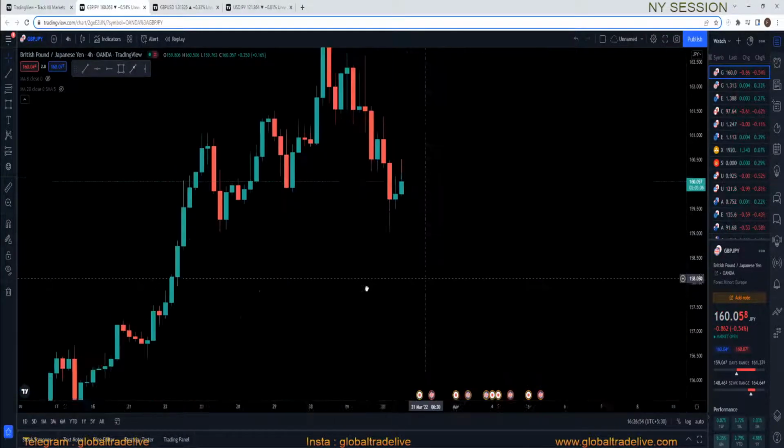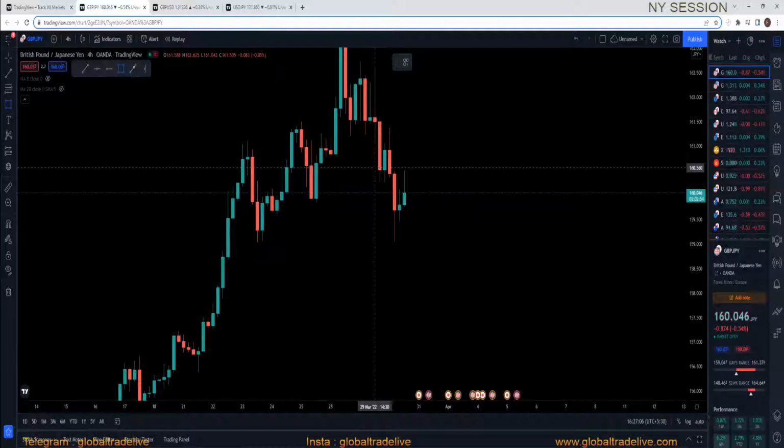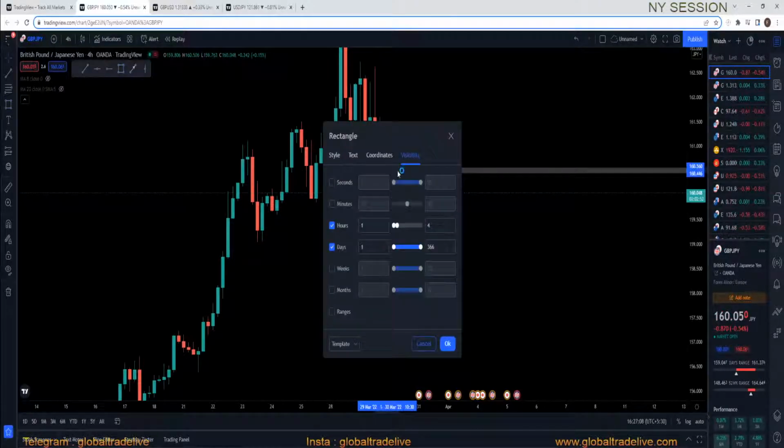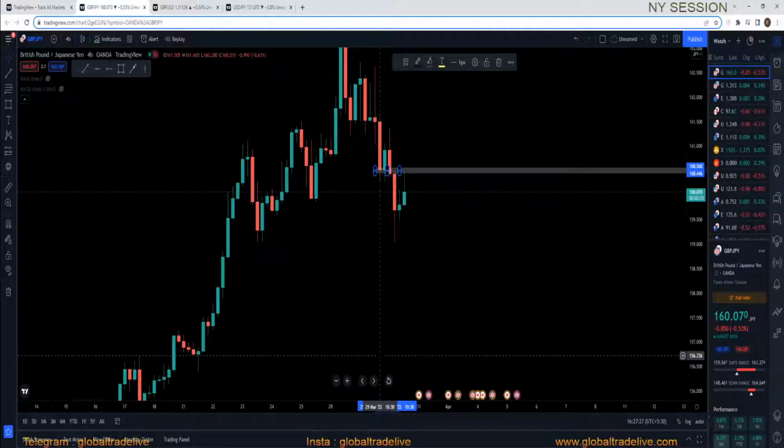If we need to draw some areas of support and resistance, then obviously this will be an area of resistance over here, this will be the area of resistance over here, and just hold on everybody.